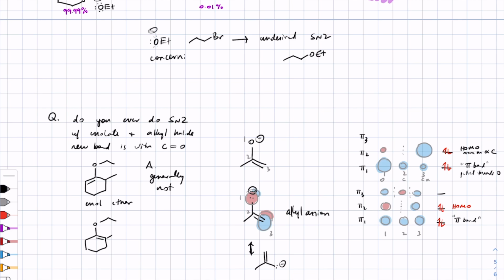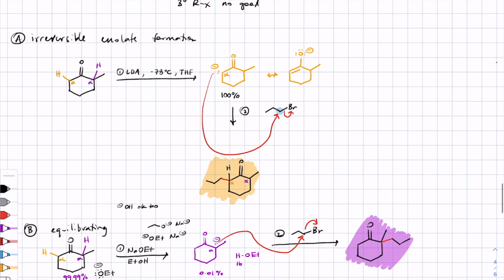Enolate alkylation. We've talked about regioselectivity, and how to do this by either making the more substituted thermodynamic enolate under reversible conditions, but we're worried about potential side reactions, or irreversible conditions where we get the less substituted enolate.